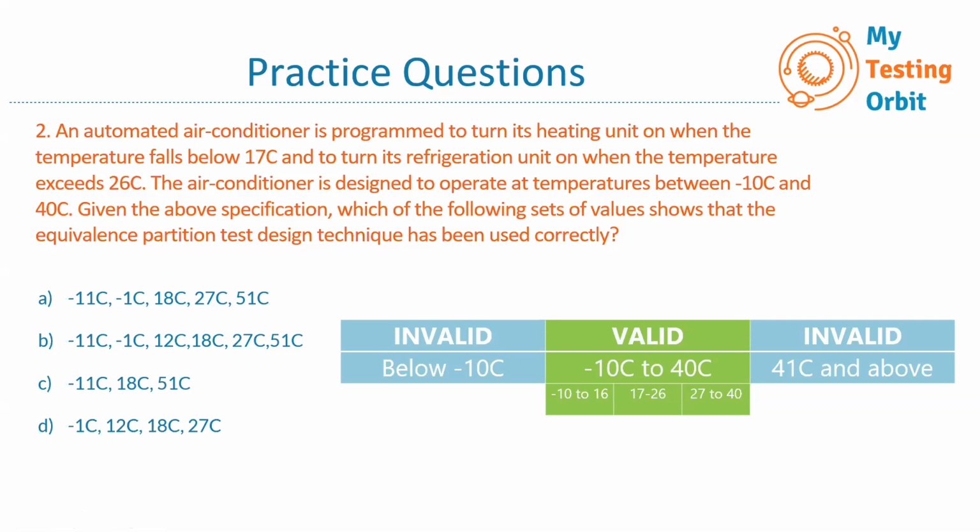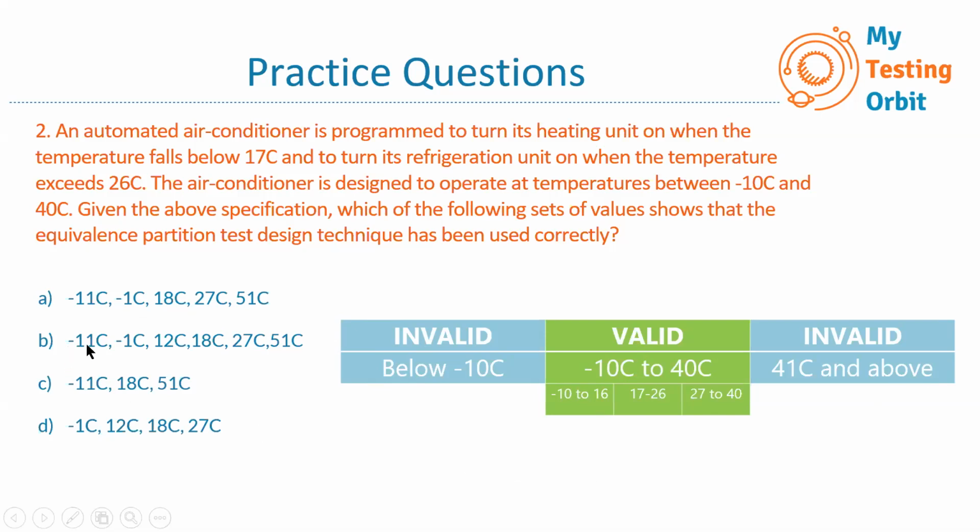But for the sake of doing it right now, let's go through and confirm whether this is correct or not. So over here, -11 falls here, -1 here, 18 in this one, 27 in this subpartition, and 51 in this one. So we are using all the partitions as per the rule.